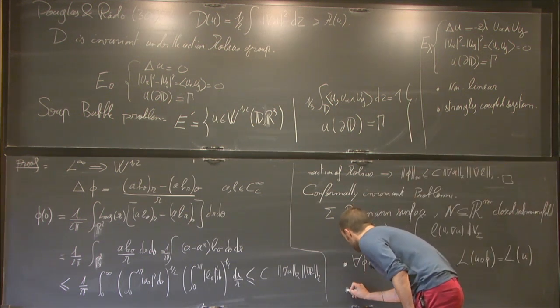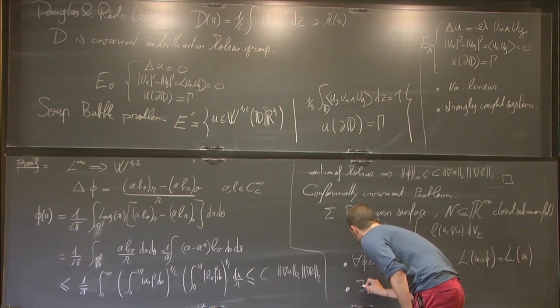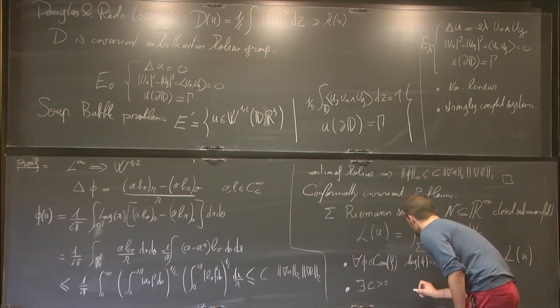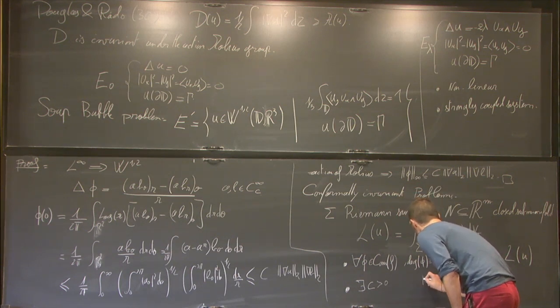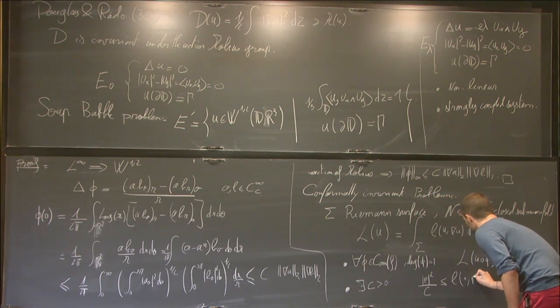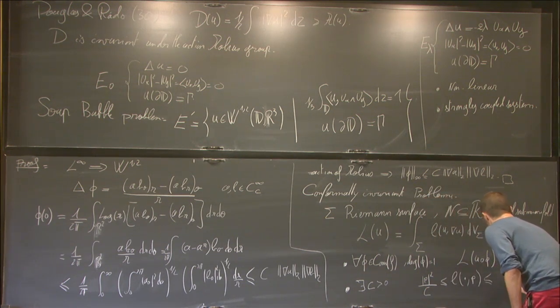And the second property is that we have a critical growth. There is a C such that (1/C) p squared is smaller than L(p), smaller than C p squared.